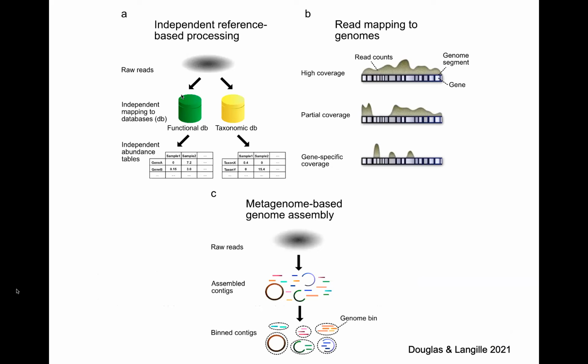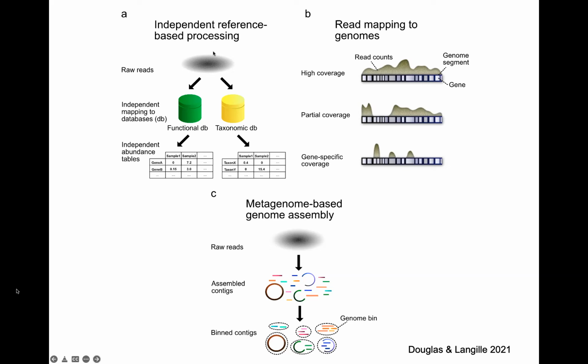Okay, so let's get into how we talk about what we do with this data. This is from another review paper in 2021, which covers lots of different things. But essentially, this covers maybe three major categories of what you can do with metagenomics data. We're going to focus on the A panel here.